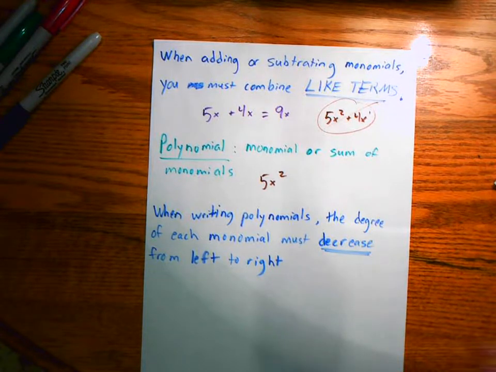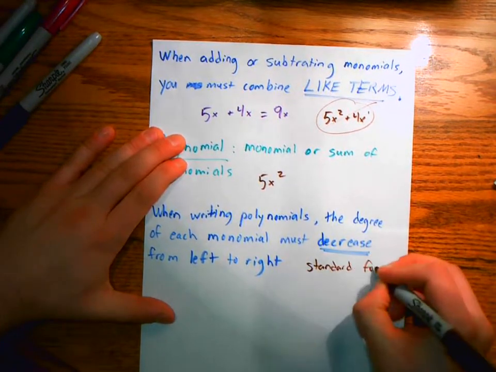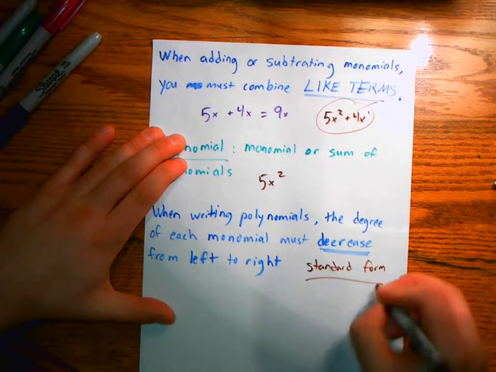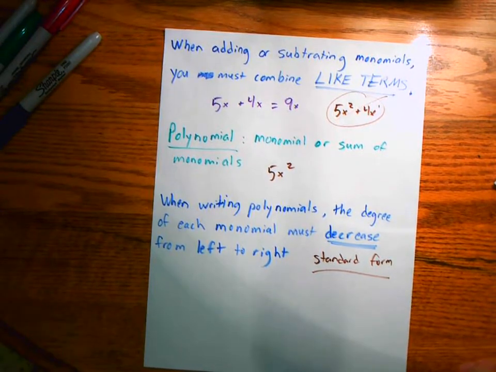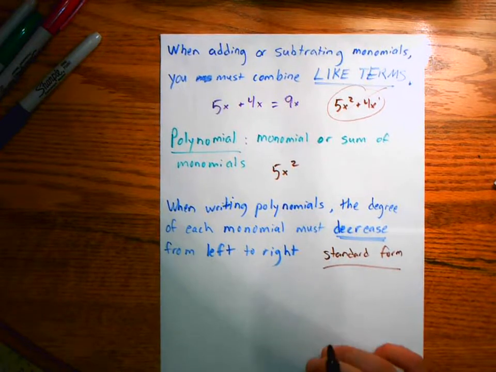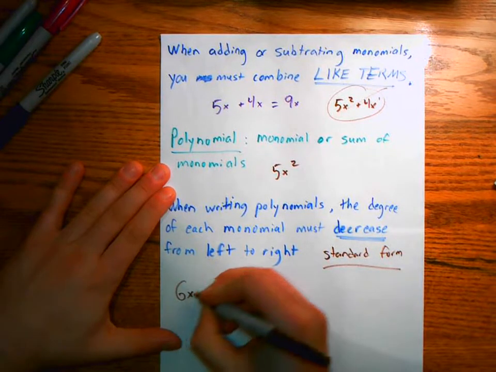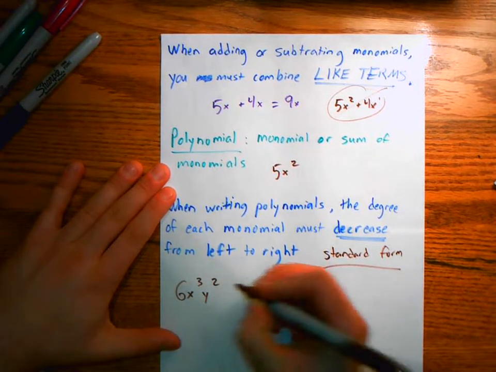Now when you're writing polynomials in standard form, the degrees must start highest at the first and then decrease going from left to right. That's just taking the exponents of all of the variables and making sure the biggest are on the left. So let's say we have 6x cubed y squared from the very first example.